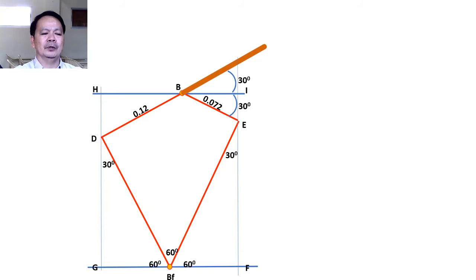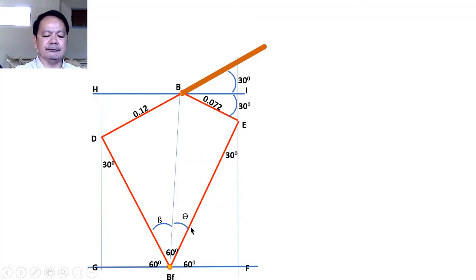Right? Now, I want us to look at this: if we draw a line from B to BF, connecting these two points by a straight line. We define this angle as beta, while this angle we define as theta.